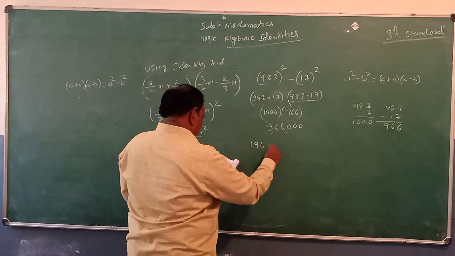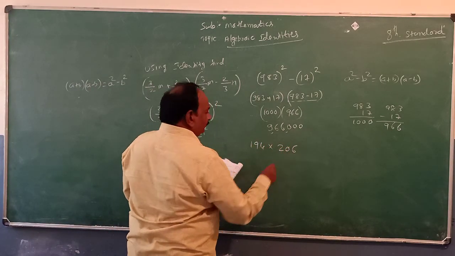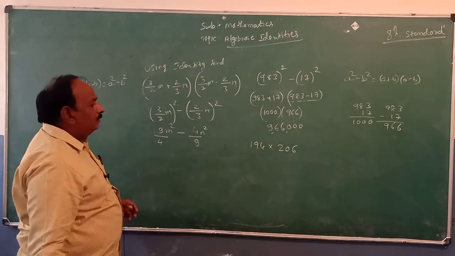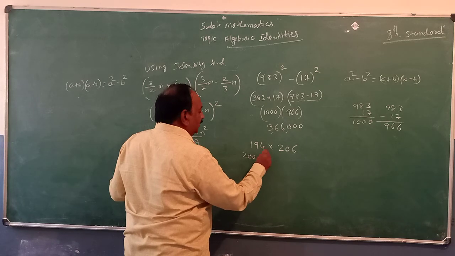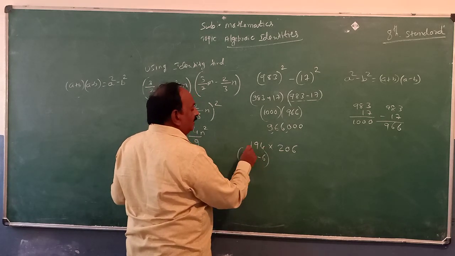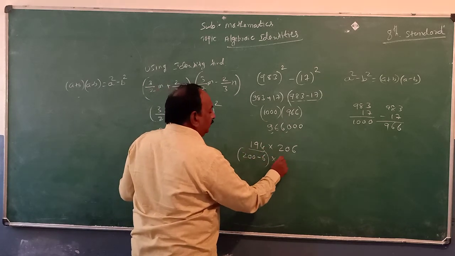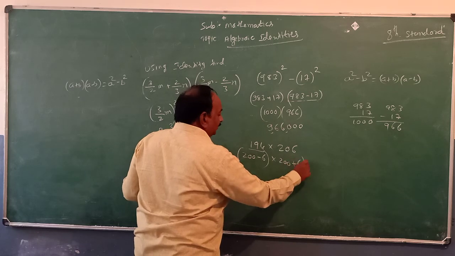Next problem, 194 into 206. This can be written as (200 - 6)(200 + 6).